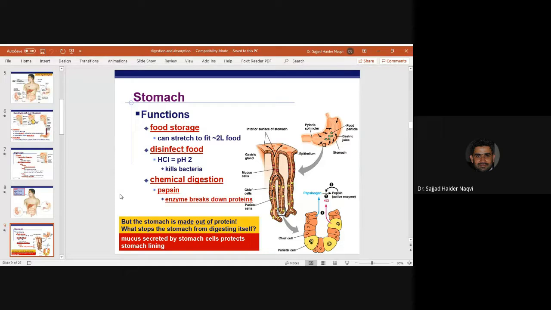Now, in the stomach, as I said earlier, the food will stay for some time, and again you have both mechanical and chemical digestion. On average, a stomach can hold up to 2 liters of food, which is a reasonably big size.